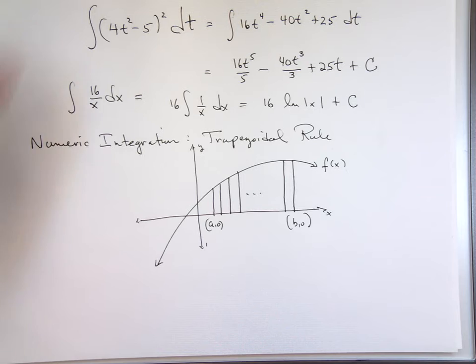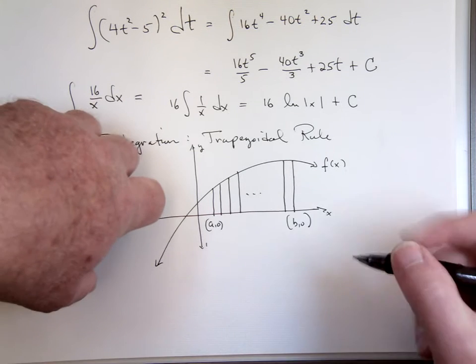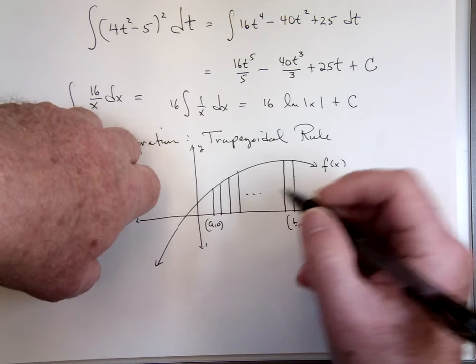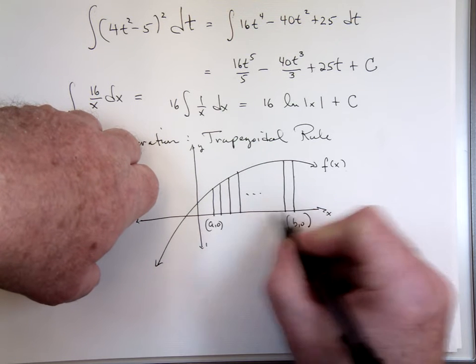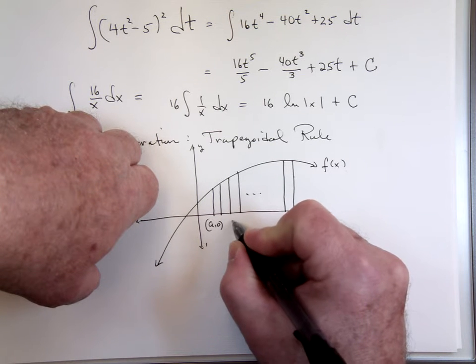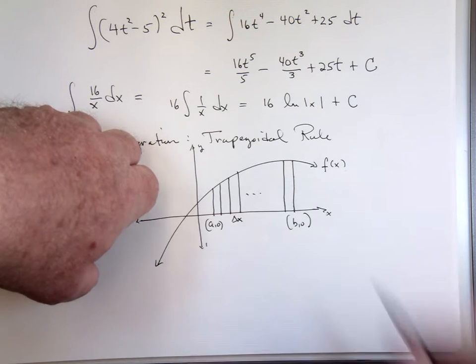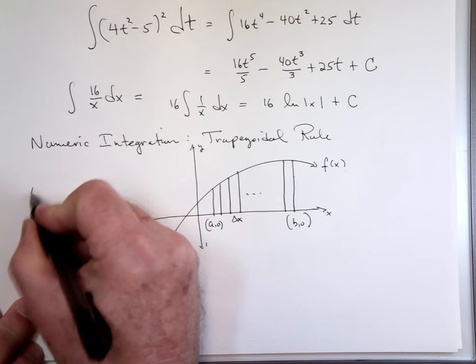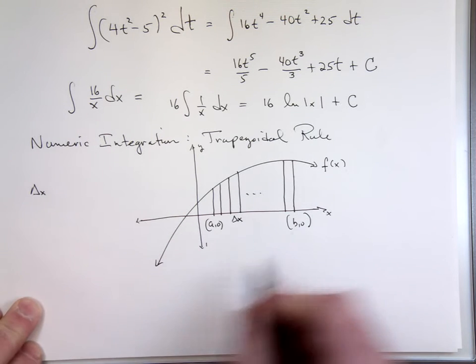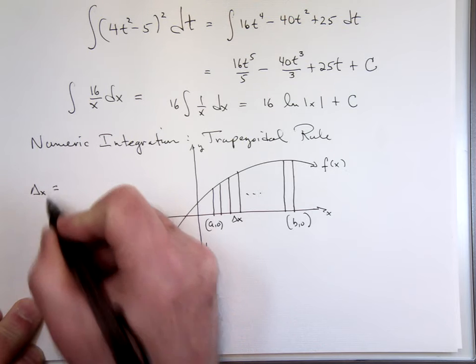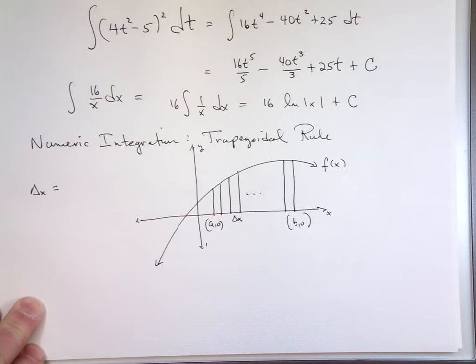Yeah. All right. Okay, so let's take a look at this. We're going to divide this up. Each one of these I'm going to call delta x. Now, delta x, if I divide this up into n parts, what will delta x be equal to? If I divide the interval from a to b up into n equal subintervals, what will the width, delta x, be of each of these subintervals?